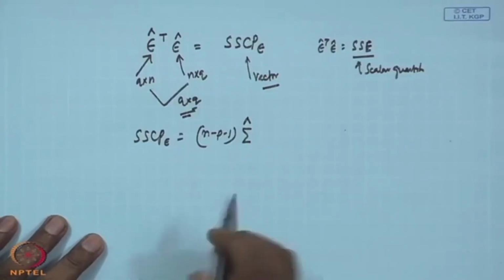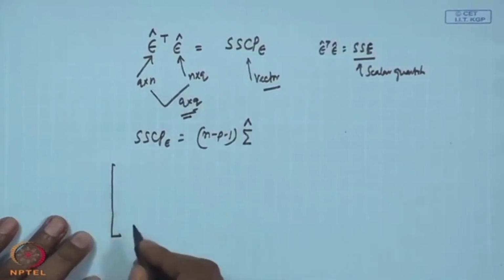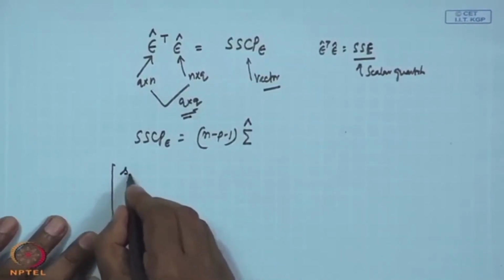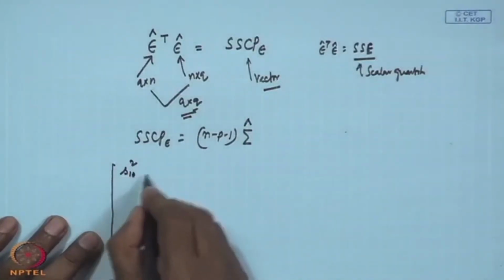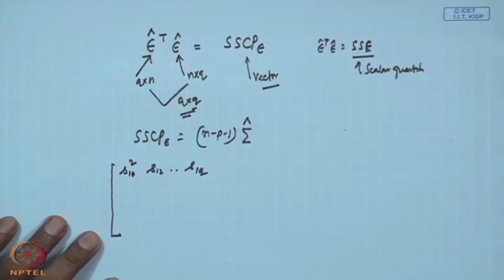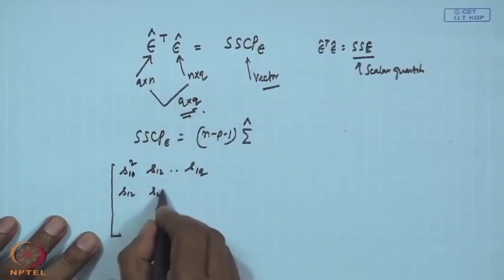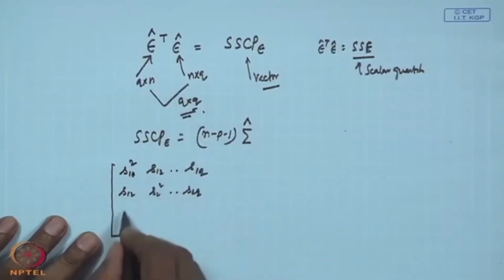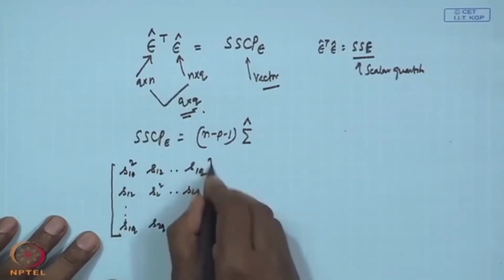Now if we write SSCPE like this, S1 square, S12, S1q, because this is q cross q, then S12, S2 square, S2q, like this S1q, S2q, Sq square.